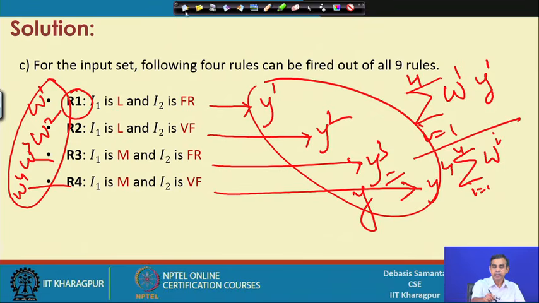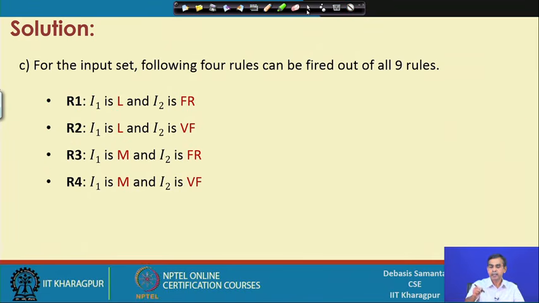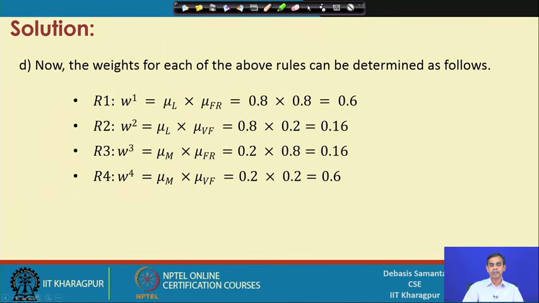Now, let us see in the current context how the results can be obtained. We have considered different values of A 1 and B 1 in the context of this example. This shows the computation of the weight values. As I told you, it is a simple product of the membership values.